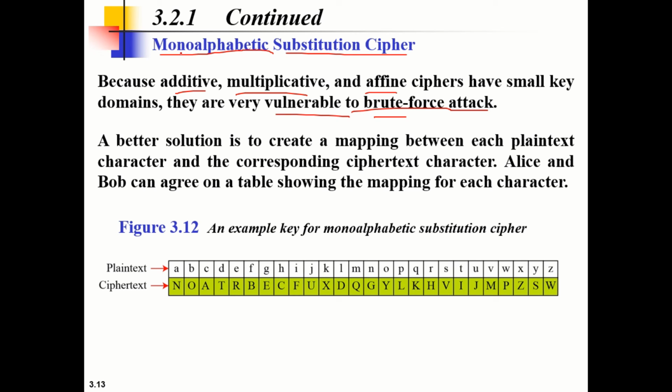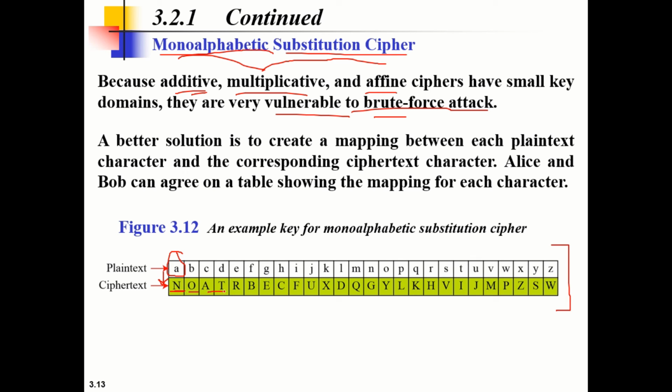This monoalphabetic substitution cipher offers a solution which is better than additive, multiplicative and affine cipher. It says that you create a table which has the plain text value and its corresponding cipher text value. It can be any value.